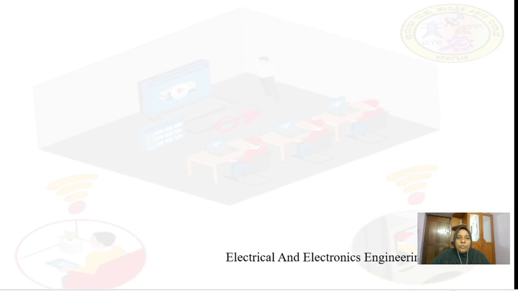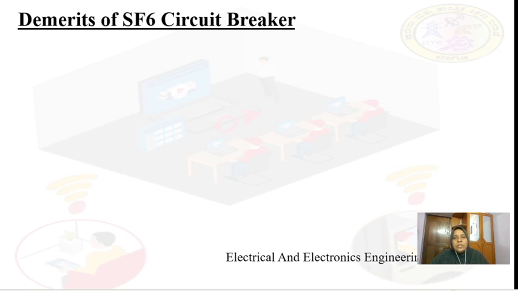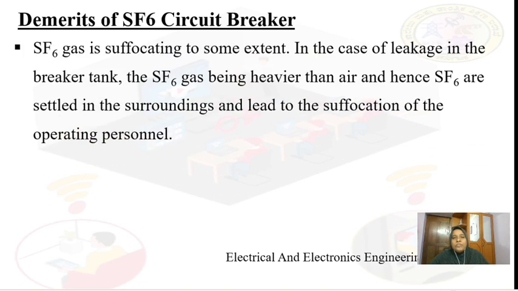Now let us move ahead and try to understand what are the demerits of SF6 circuit breaker. So SF6 gas is suffocating to some extent. We'll try to understand what this is. I told you SF6 gas is filled in sealed units. Suppose by any chance there is a small leakage of SF6 gas, now what will happen?